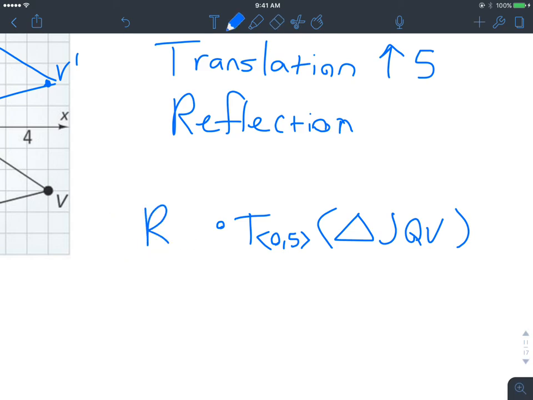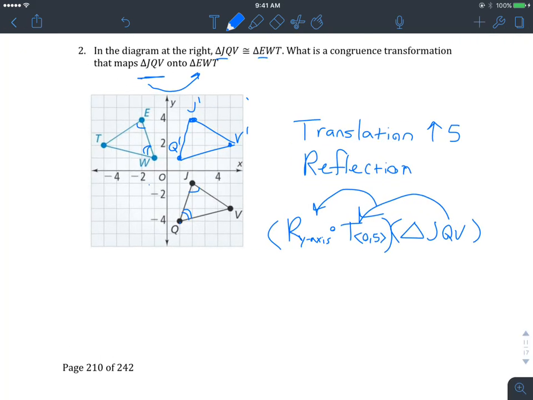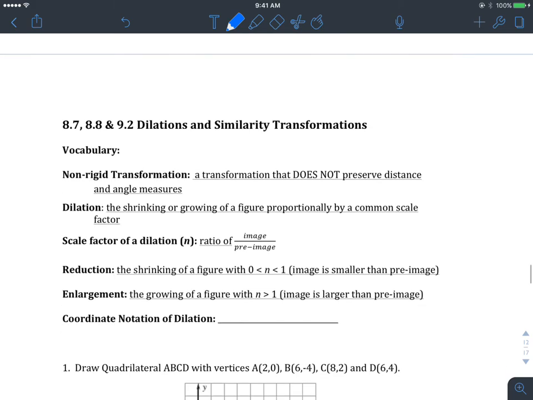You're going to put R, and then we did across the y-axis. Right there, and that would be the way you write this. Remember, this order technically means translation first, then reflection. And then you are good to go with that one. And that is it for that lesson.